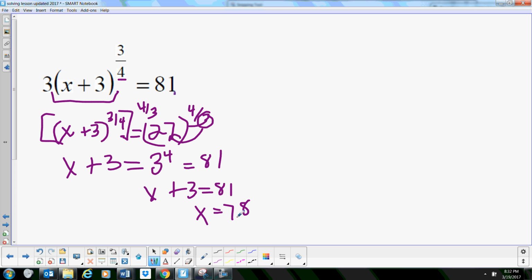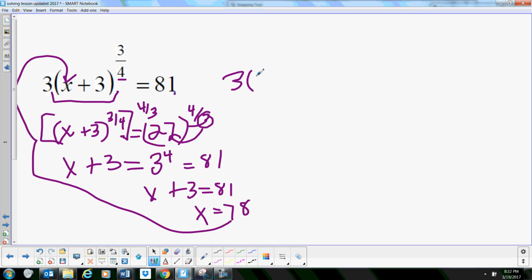Now let's check that and see if it works. 3 times 78 plus 3 to the 3/4 power. Let's see. This gives us 81. So 81 to the 3/4 power.